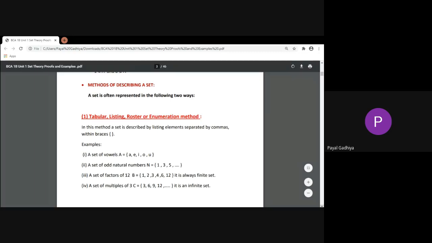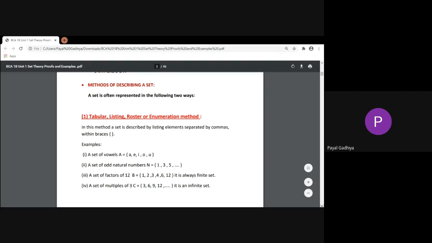Now make a set of multiples of 5. Yes, it will be 1, 5, 10, 15.